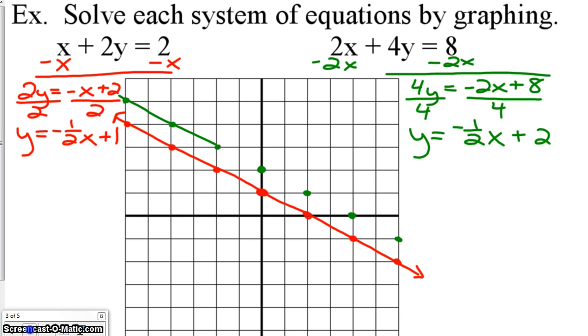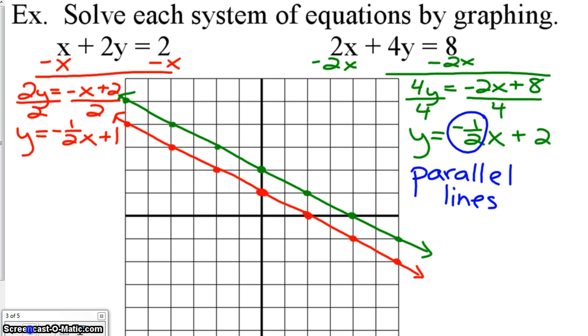Connect the dots, and you can see by looking at these two lines that they never intersect. They are parallel lines. Parallel lines have the same slope. And parallel lines never intersect, so it is no solution.